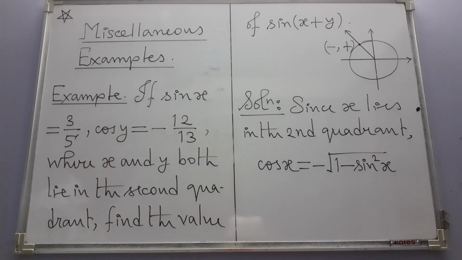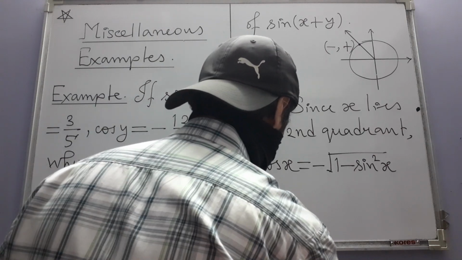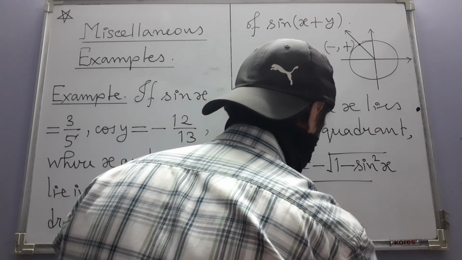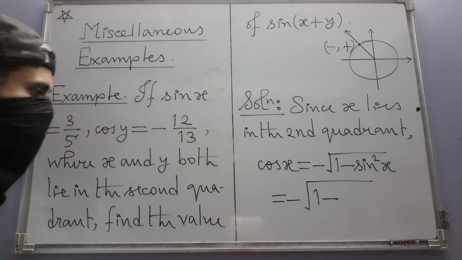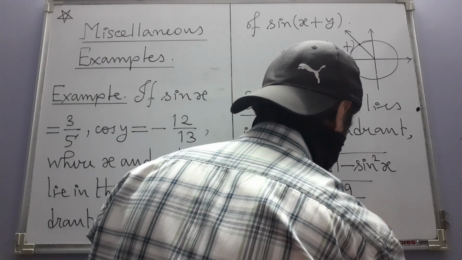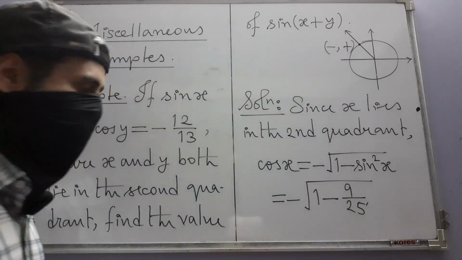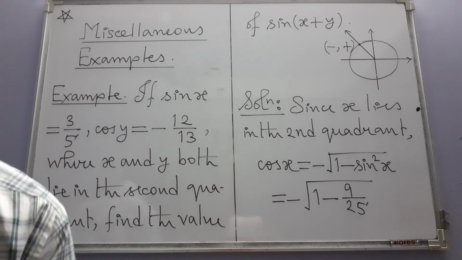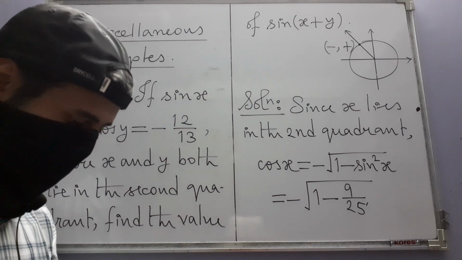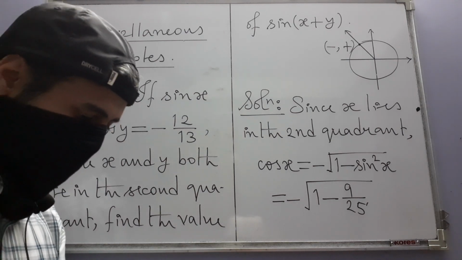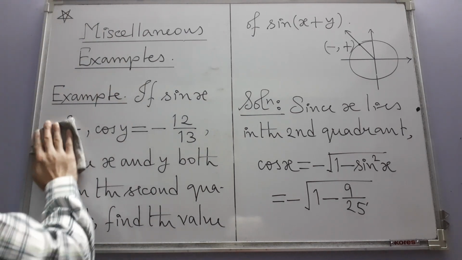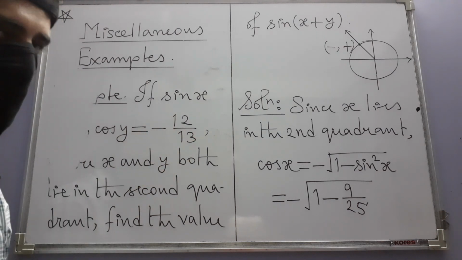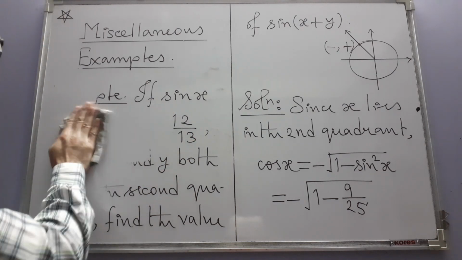So now we put the value of sin x, squaring the given value, we get 9 divided by 25. Oh, and by the way, cos y is minus 12 divided by 13, that we will remember.